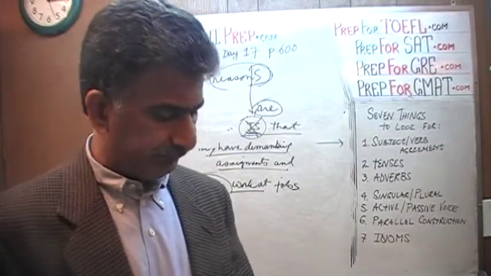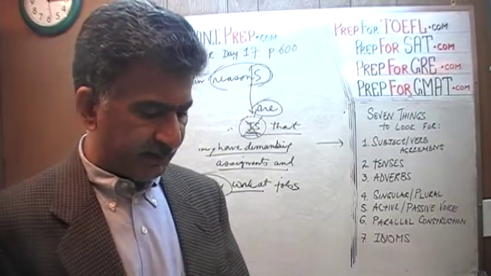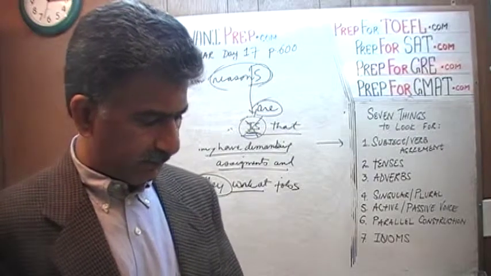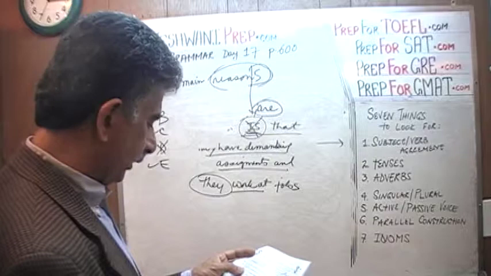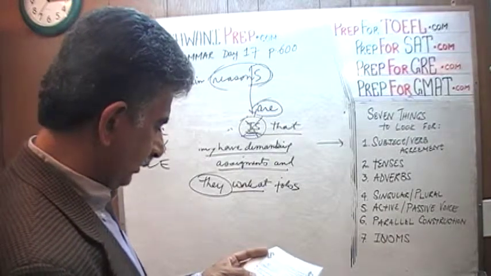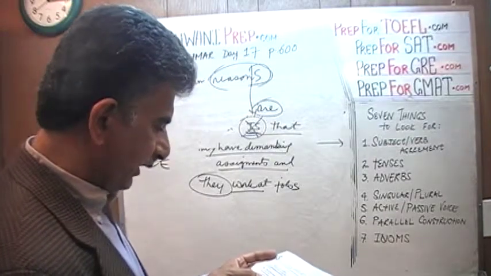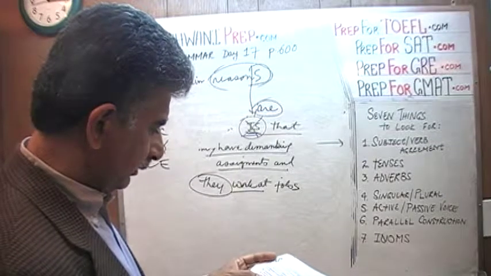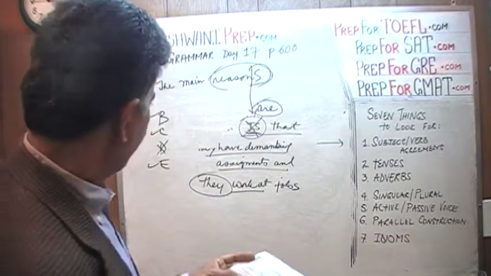Let's see what we can do now. B says are demanding assignment and they work at job. No. We have to have this part.